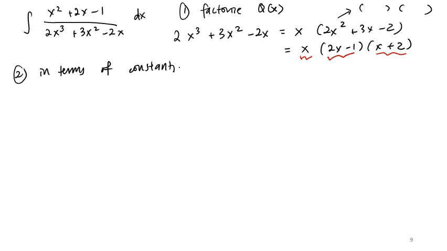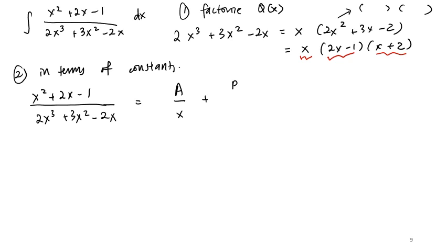So you can write x squared plus 2x minus 1 divided by 2x cubed plus 3x squared minus 2x equal to the first constant, a over x, plus the second constant, b over 2x minus 1, plus the third constant, c over x plus 2.